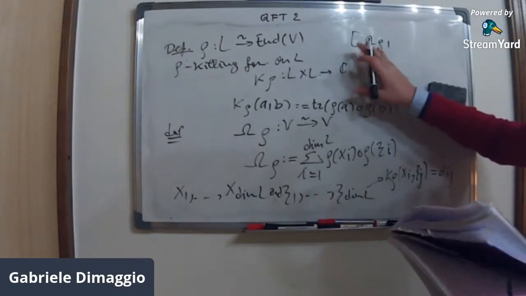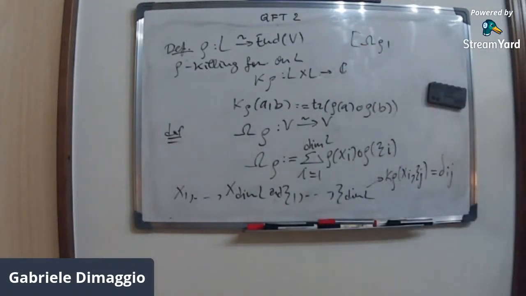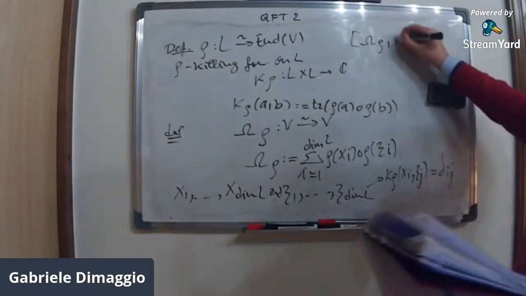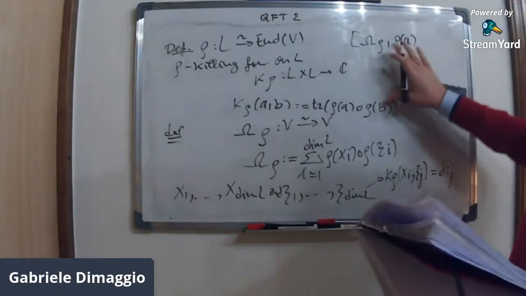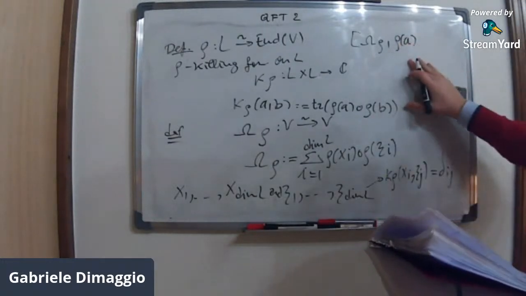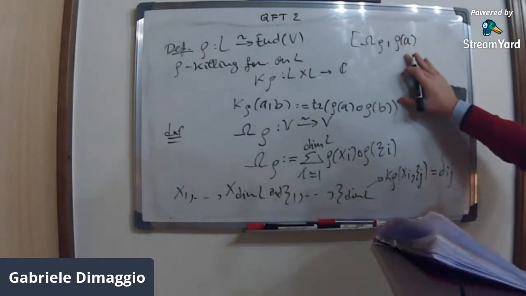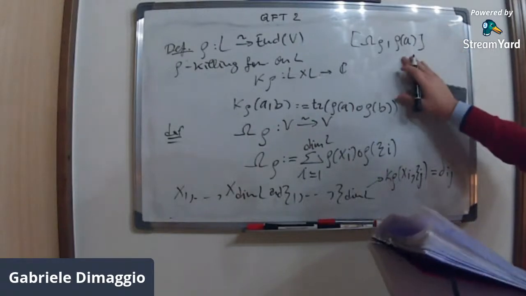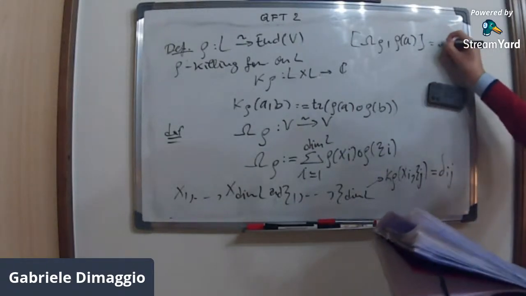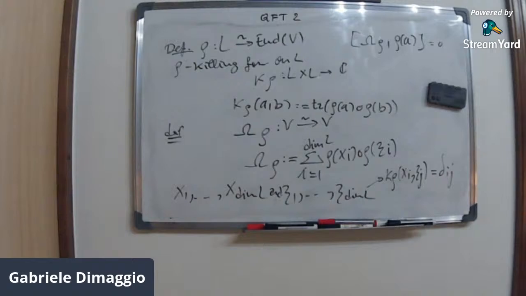So here I have the commutator between the Casimir operator and the representation of my Lie algebra as equal to 0. Okay.